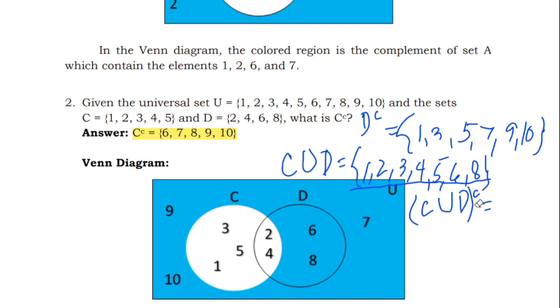So these are the elements given by the union of C and D. So we are going to highlight everything: 1, 2, 3, 4, 5, 6, 8. So the complement of C union D is what? We have, yes, that's correct, 7, 9, and 10.